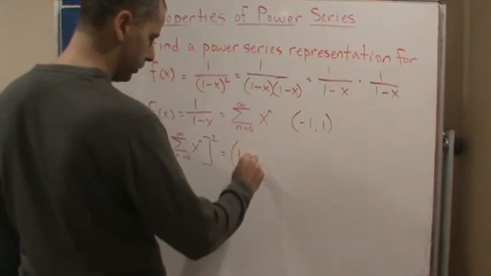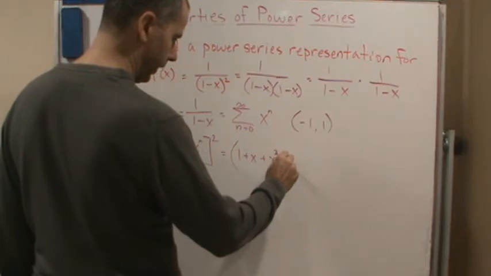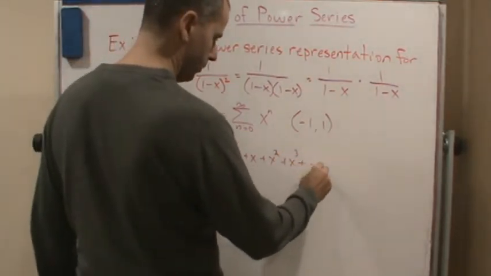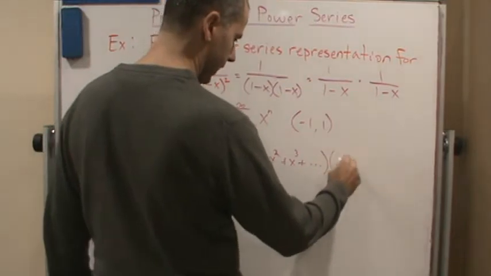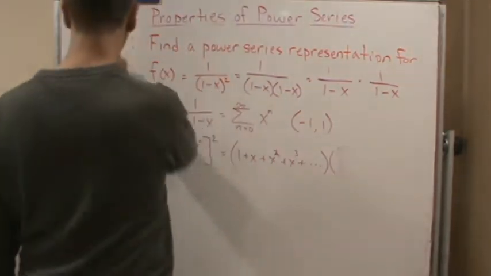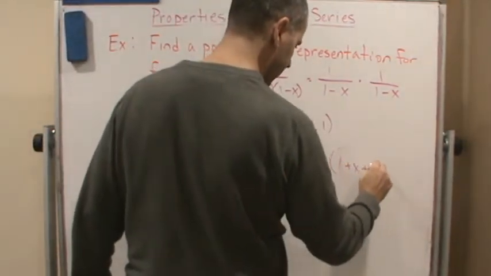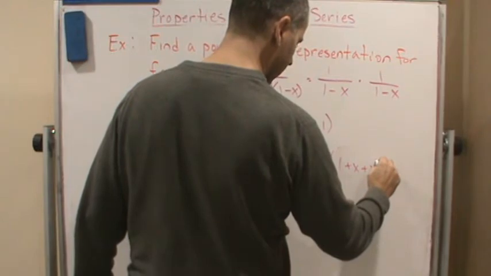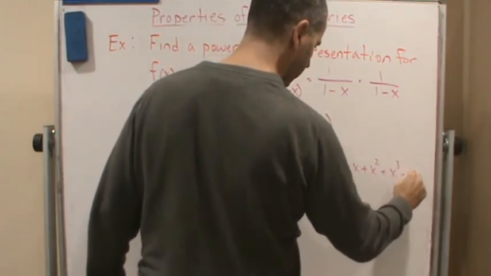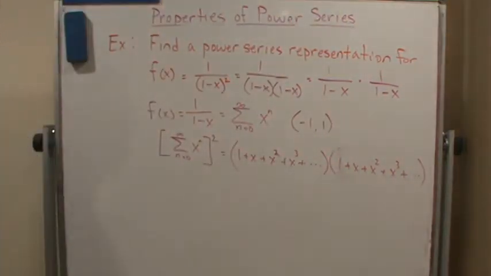We're going to have 1 plus x plus x squared plus x cubed all the way down, times 1 plus x plus x squared plus x cubed plus all the way down, right?